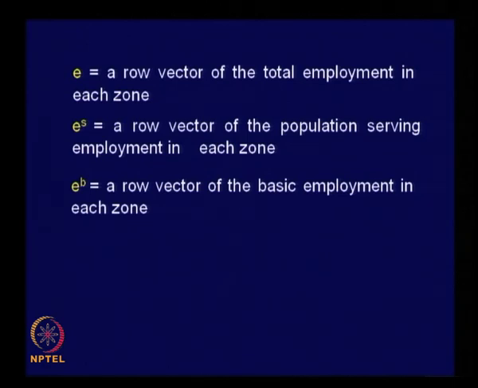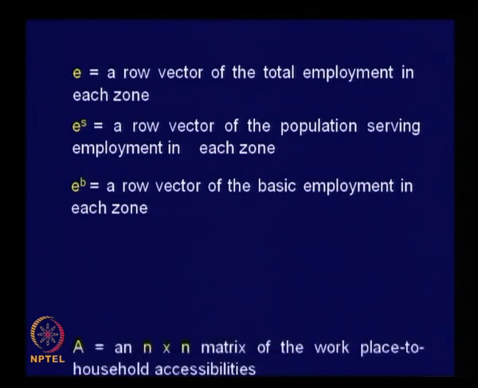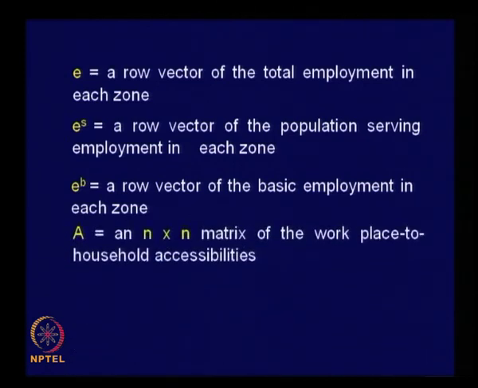EB a row vector of the basic employment in each zone. And A is an n by n matrix of the workplace to household accessibilities. This is the most important aspect. We should be able to define accessibility, and here it is in abstract form indicated with letter A. It is an n by n matrix.